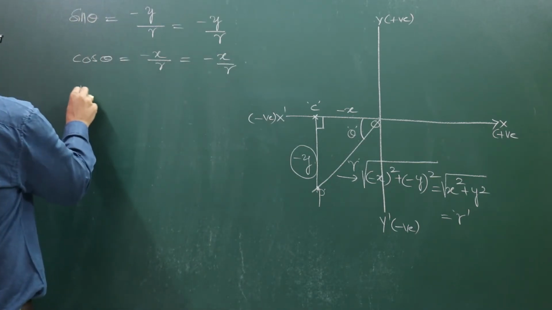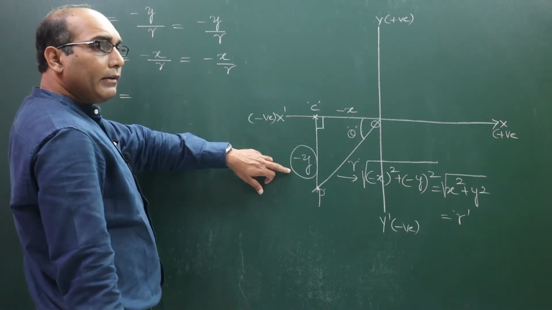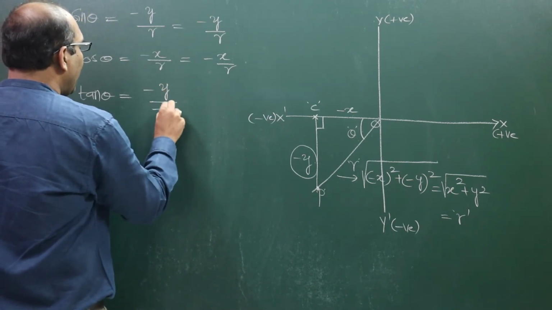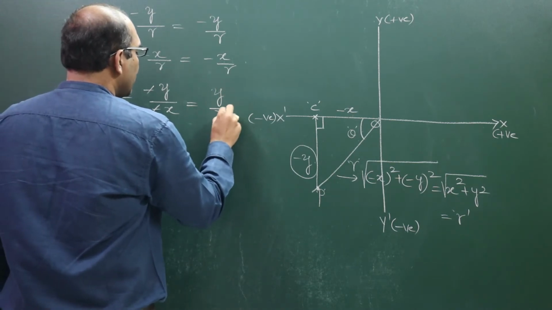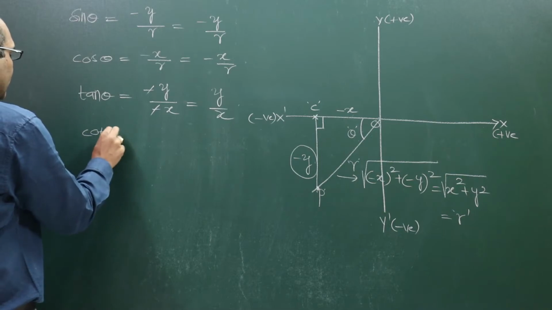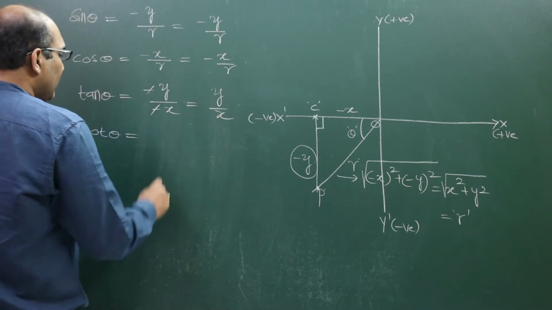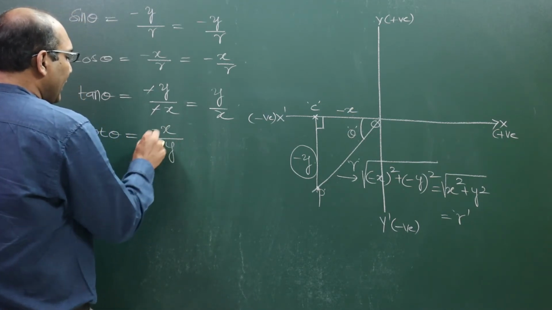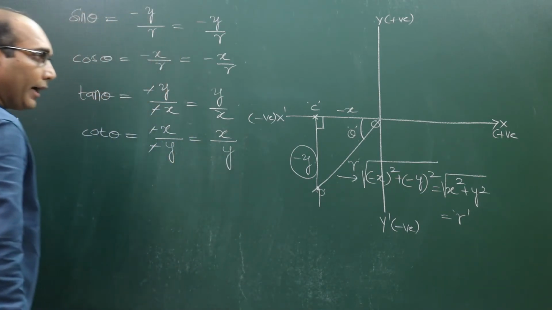Now what about tan theta? Tan theta is equal to opposite side by adjacent side, that is negative of y by negative of x, which becomes positive y by x. What about cot theta? Cot theta is the reciprocal of tan theta, that is negative of x by negative of y, that is x by y.